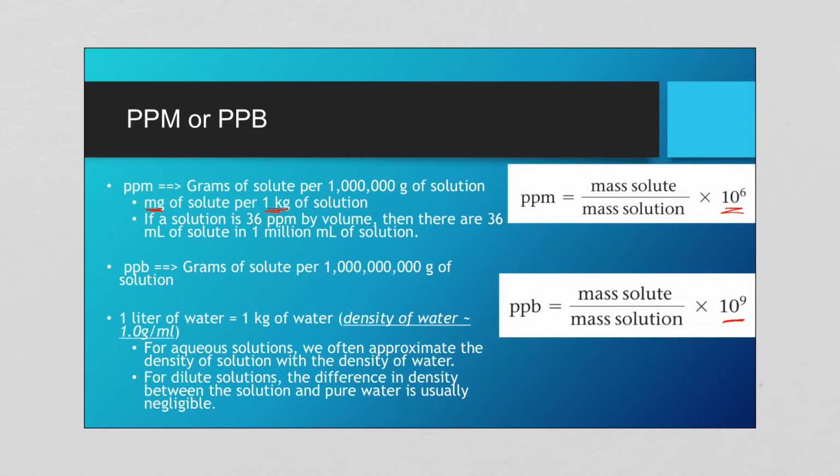So if something is, say, 36 parts per million, that means there is 36, let's say, grams or milliliters in 1 million grams or 1 million milliliters.